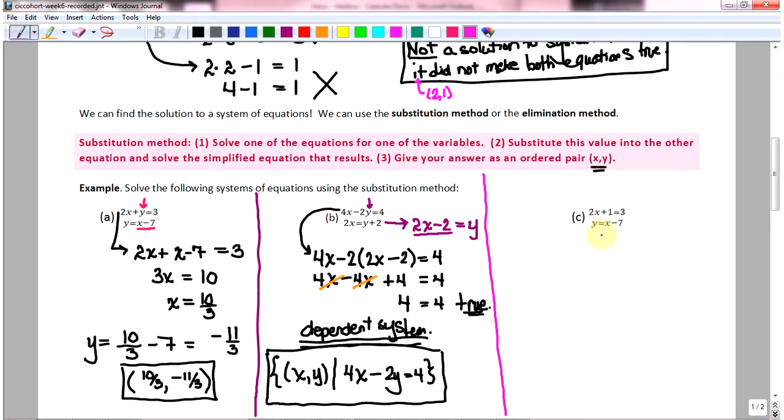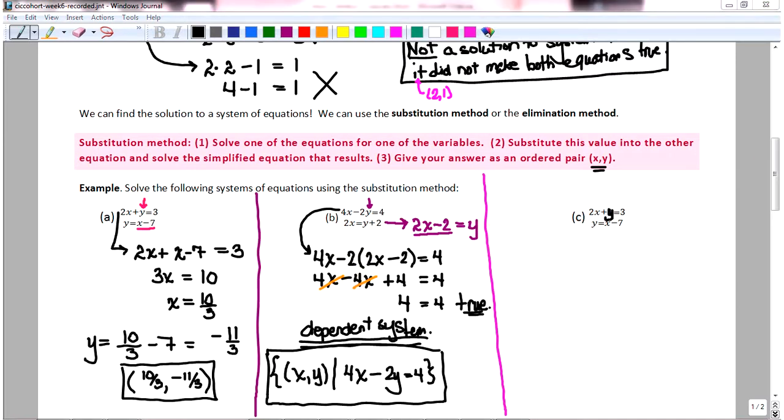Again, we want to solve this using substitution, and we already have the second equation solved for y. So I'm going to plug in x minus 7 in place of the y. So let me correct this. I did mean for this to be a y. Actually, let's hold on just a moment.